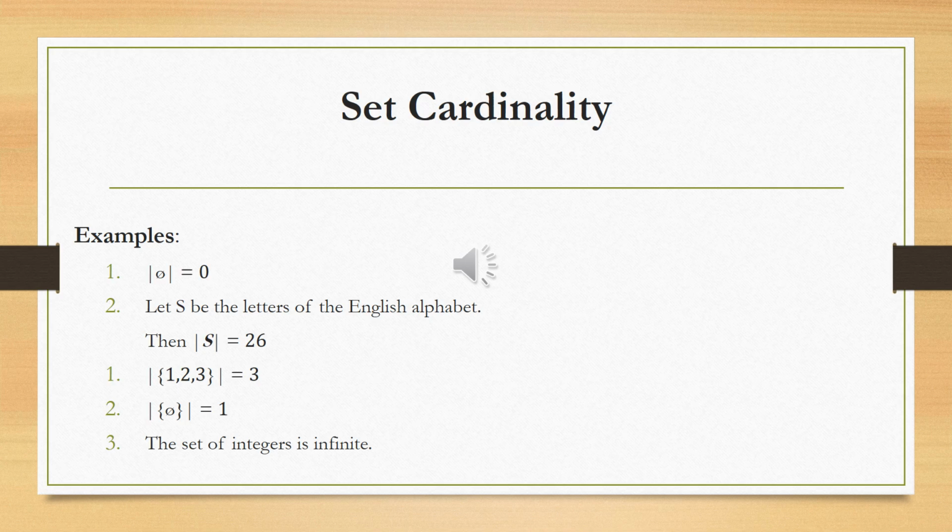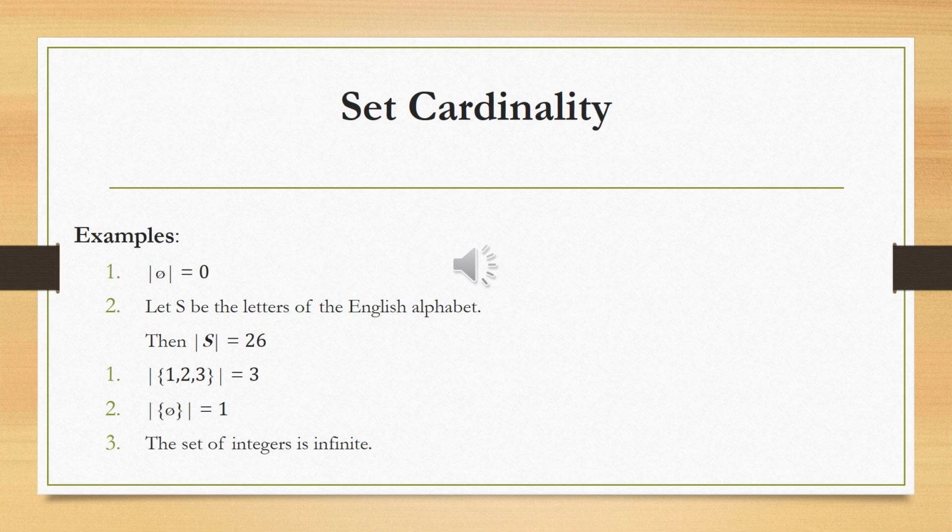Set cardinality examples. An empty set has cardinality 0. Let set S be the letters of the English alphabet. Then the cardinality of S is 26. The cardinality of the set {1, 2, 3} is 3.